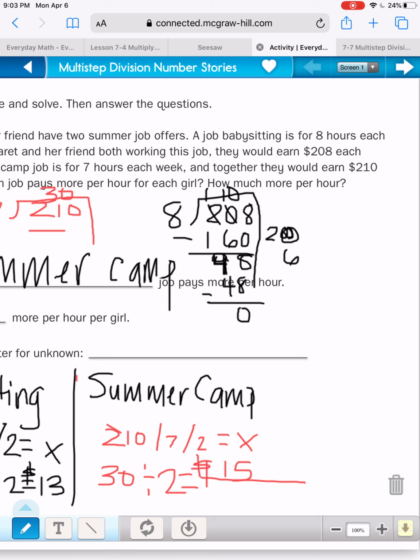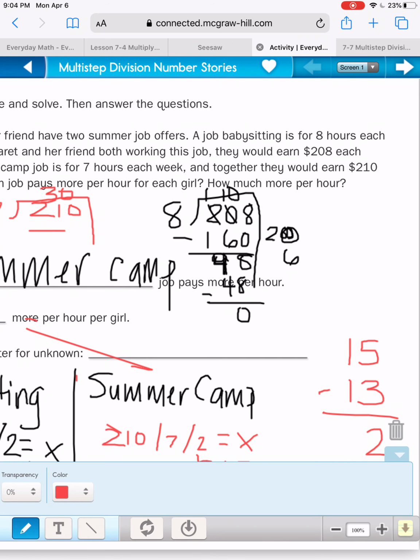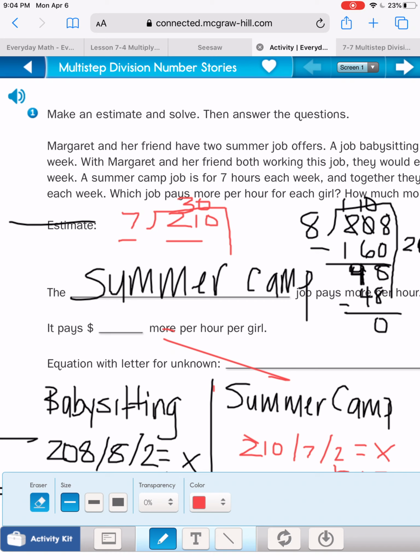As you can see, babysitting pays $13 an hour per girl. Summer camp pays $15 an hour per girl. If I subtract what they each pay, I have an answer of $2. So we would say that the summer camp job pays $2 more per girl.